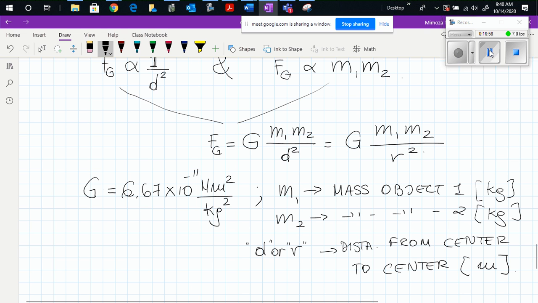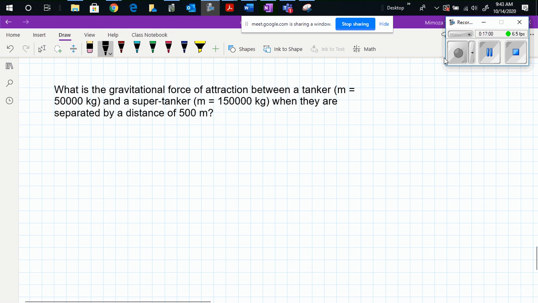Okay, so the first example is, what is the gravitational force of attraction between a tanker with a mass of 50,000 kilograms and a super tanker with a mass of 150,000 kilograms when they are separated at a distance of 500 meters? So what we do is sort what is given, like in everything.